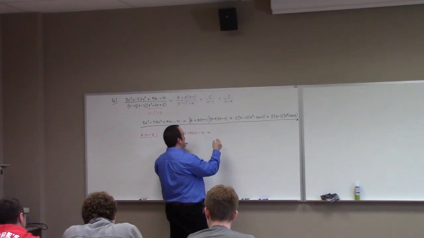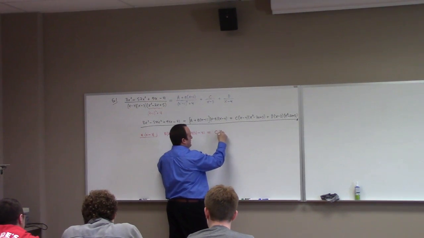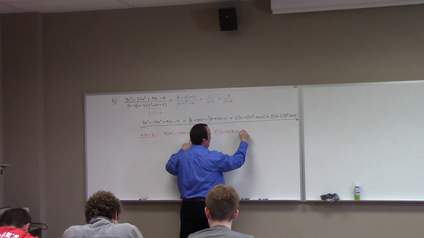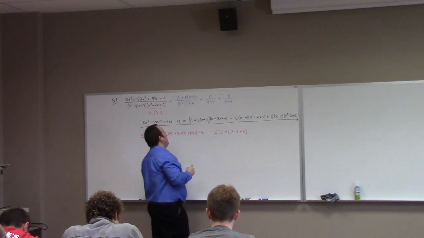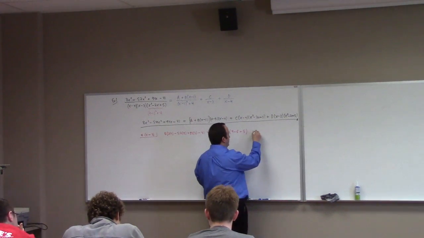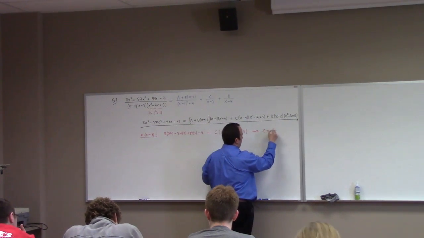Only C is left. C times (3 minus 4) times (9 minus 6 plus 5). You put in the numbers, you work it out, you get C is equal to 7.